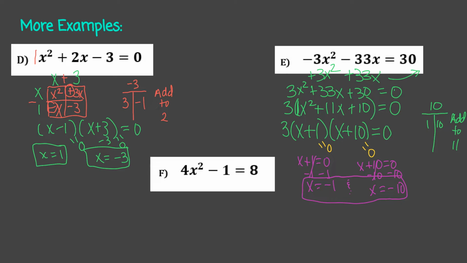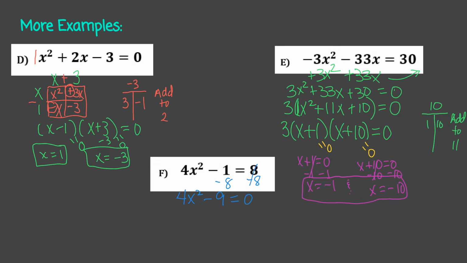Now our A value is already positive, so I'm going to just subtract this 8 over here so that I can get it equal to 0. So I've got 4x squared minus 1 minus 8 would be -9, or minus 9 equals 0. Now this is a binomial.